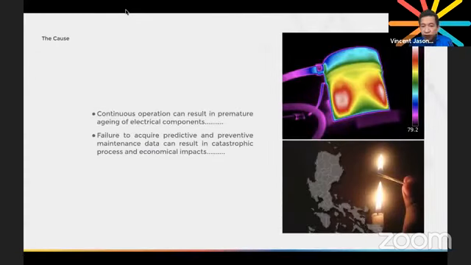Continuous operation can result in premature aging of electrical components and, of course, failure to acquire predictive and preventive maintenance data can result in catastrophic process and economical impacts. Now, we can talk about safety and preventive maintenance all day, but at the end of the day, it's all about economics. How much does it cost for a blown transformer?